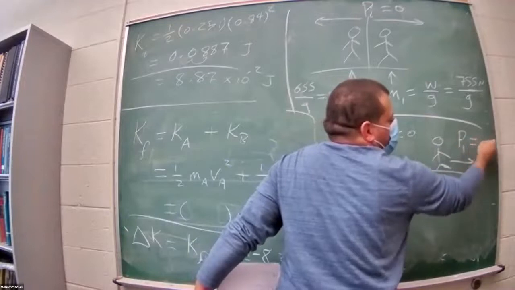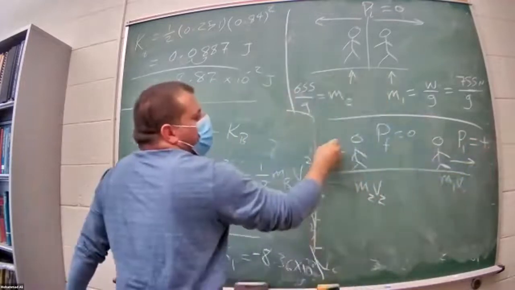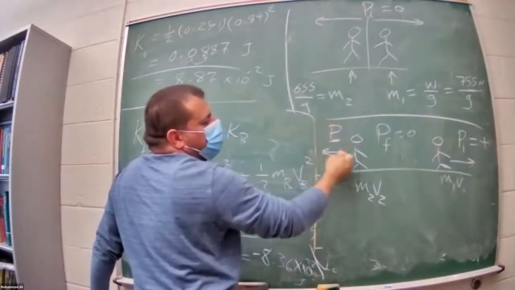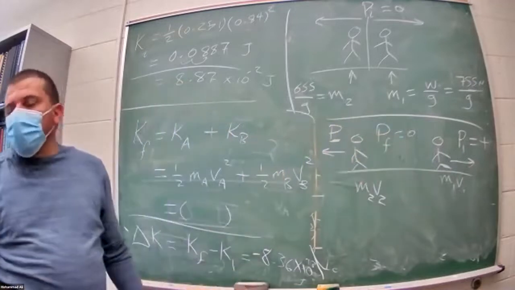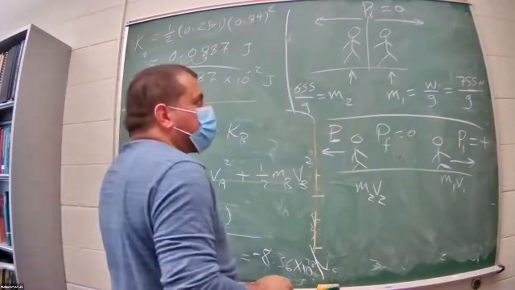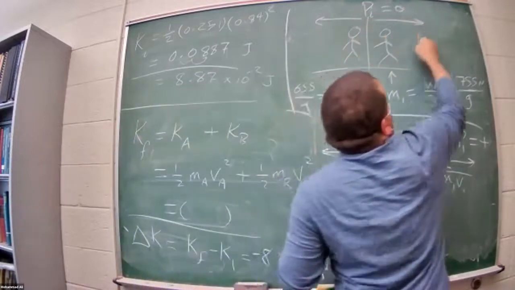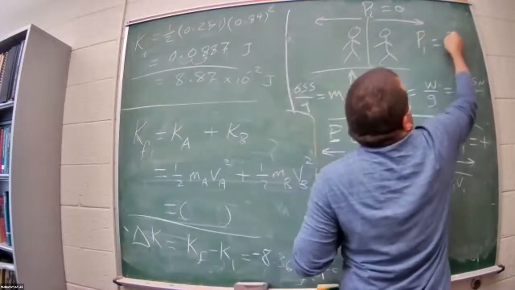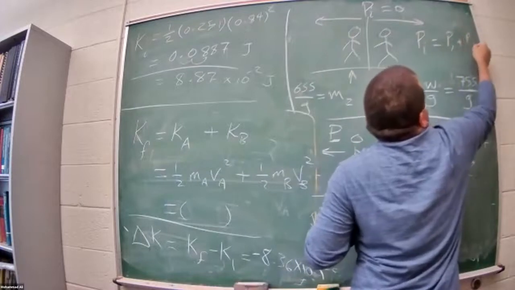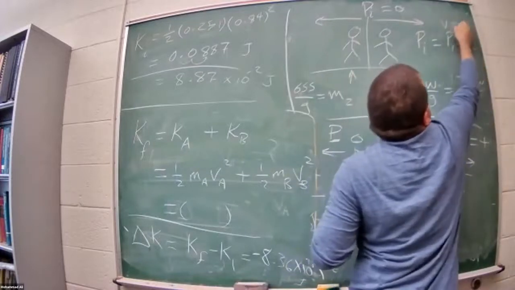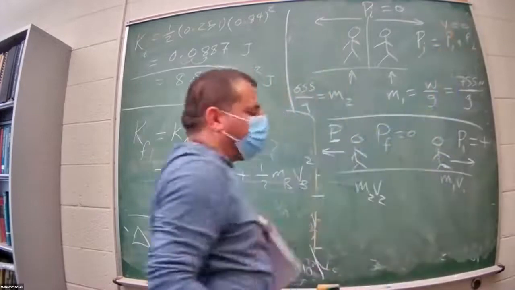P1 is positive in the x direction, and the second momentum is in the negative x direction. P initially is equal to P1 plus P2. Because their velocity is equal to 0, the momentum is 0.